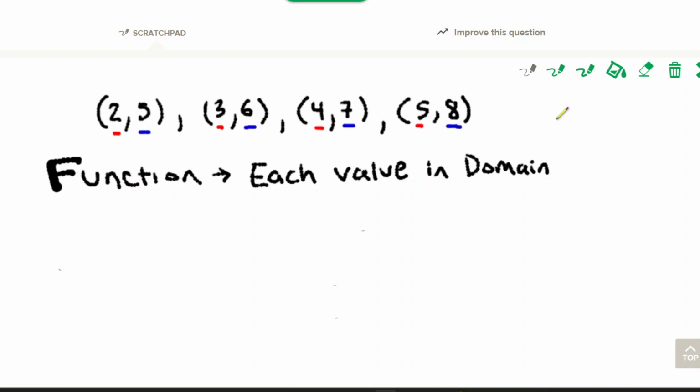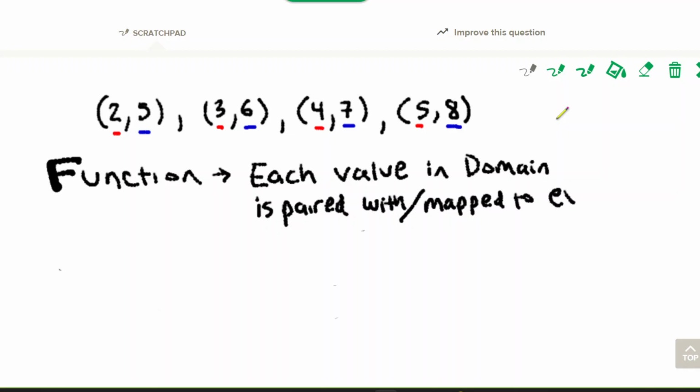Each value in the domain is paired with, so in an ordered pair with, only one value of the range. Now, paired with might also be referred to as mapped to, so paired with slash mapped to exactly one. Okay, exactly one. So not none, not two, not three, all right? Exactly one value of the range.